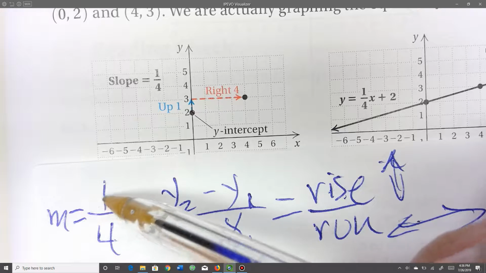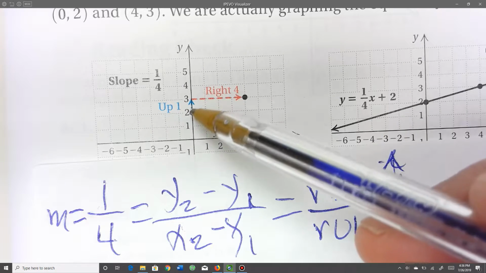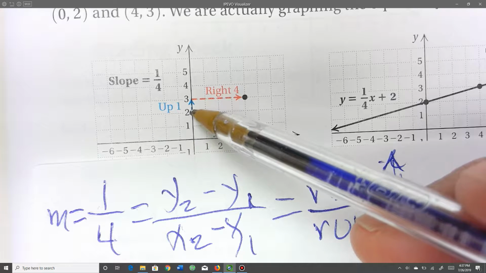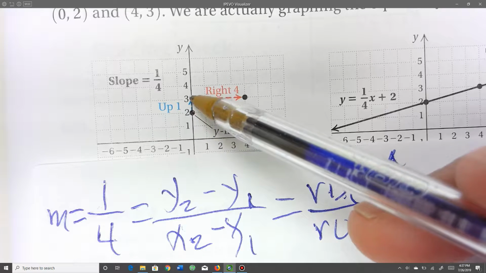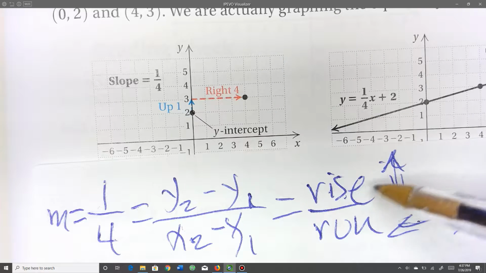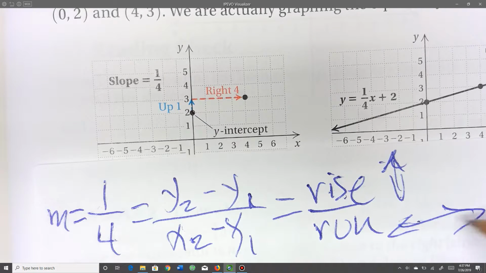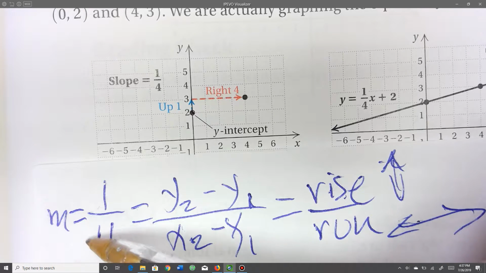How many units? 1 unit. So I'm right here. I'm not at the origin again. I'm right here. Move 1 up, and then for my run, again, that determines whether you move to the left or to the right. That's all. And how many units.